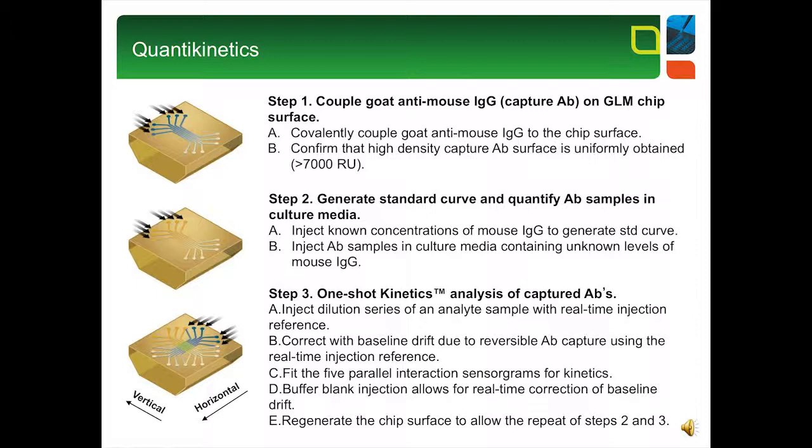The first step usually is not quantified because it's just for the purpose of capturing the antibody to the sensor chip surface. And the second step, of course, is quantified for kinetic analysis. However, if you construct the capture surface well, then you will be able to quantify the antibody capture step using the ProteOn XPR36 system.